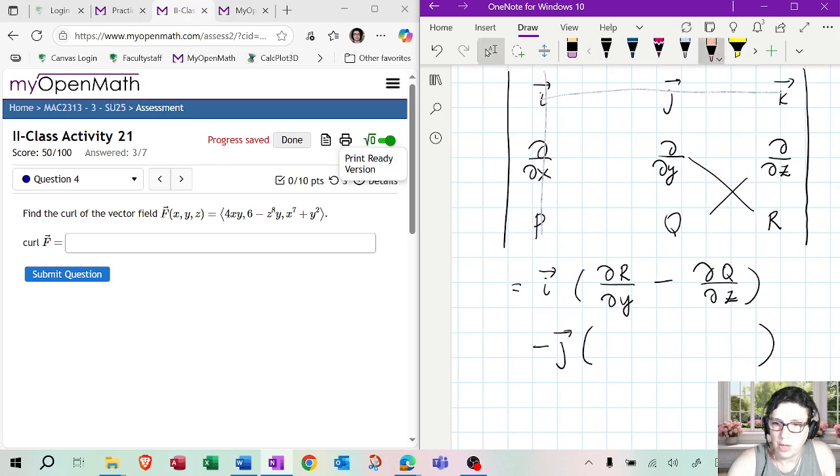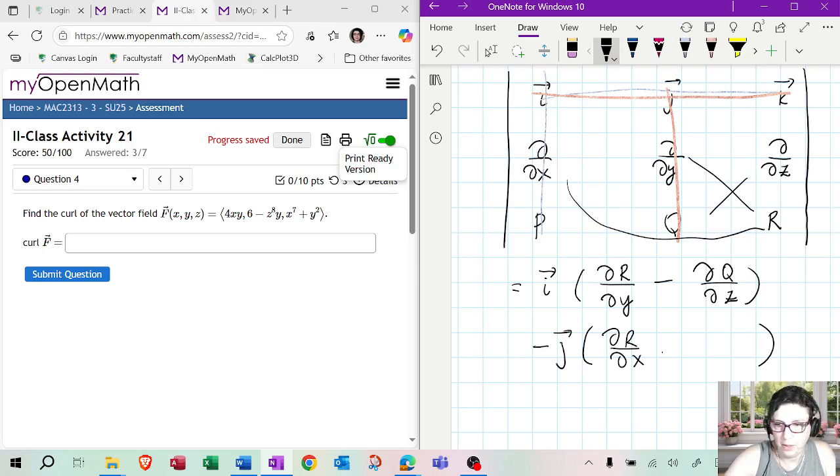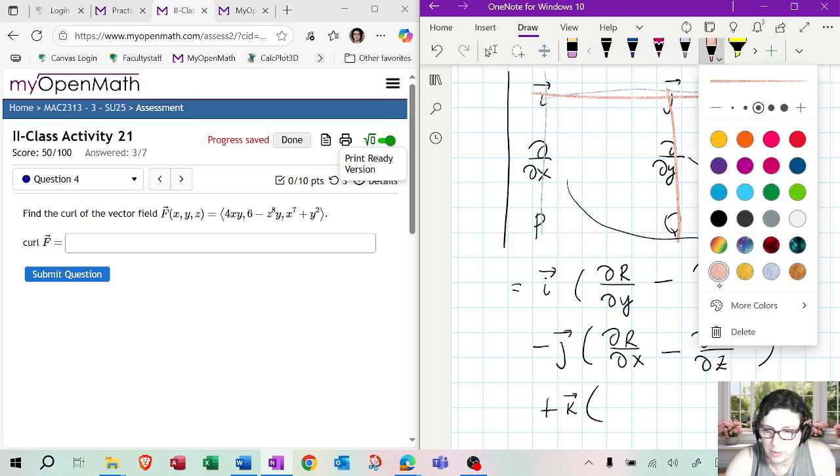Okay, so now we're going to cross out this row, this column. And again, we're going to apply the partial. So apply the partial with respect to x to r minus partial with respect to z to p. Finally, the kth component. Now, you do not need to memorize this. Hopefully, you remember how to find the determinant. If you do, then you don't have to memorize it and write it out.